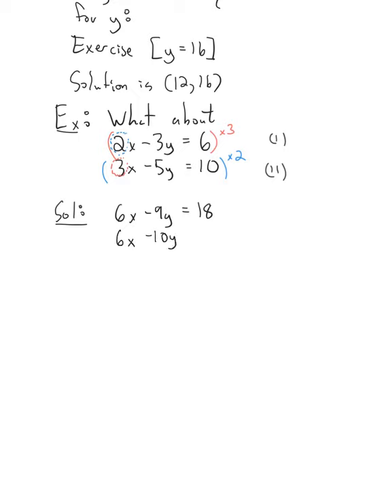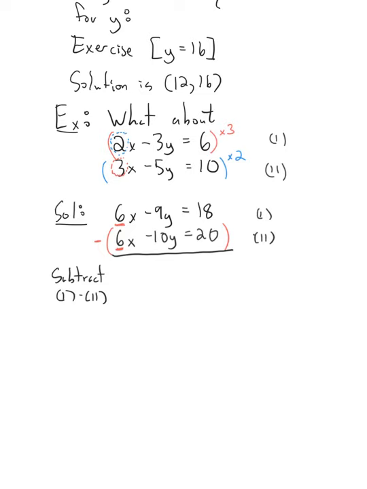And 2 times 10 is 20. All right. So we have these equations now. Again, notice we have the same coefficient. Once we have the same coefficient, we can subtract these equations. So let's subtract equation 1, which is this guy, minus equation 2, which is that guy.